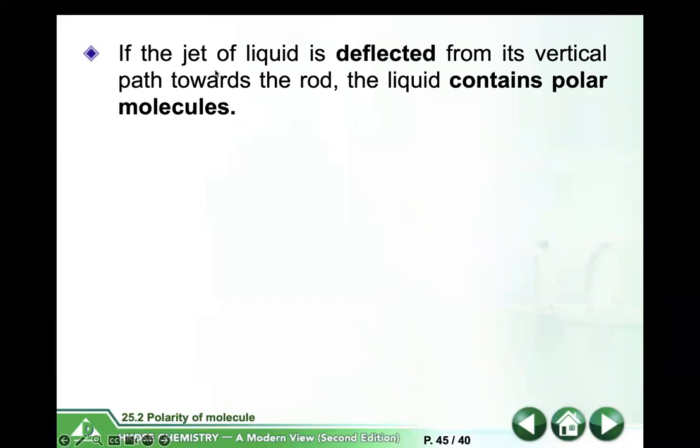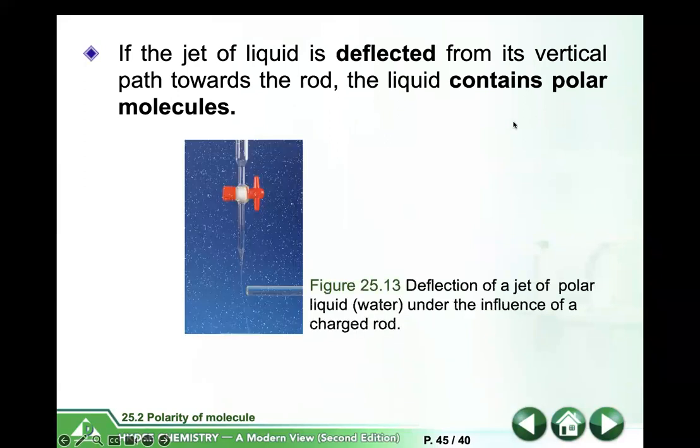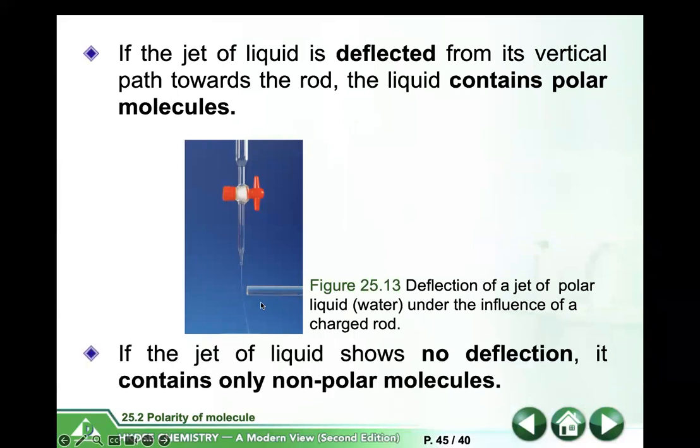If the jet of liquid is deflected from its vertical path towards the rod, the liquid contains polar molecules. You can see that it will be deflected here. If the jet of liquid shows no deflection at all, it just contains non-polar molecules.